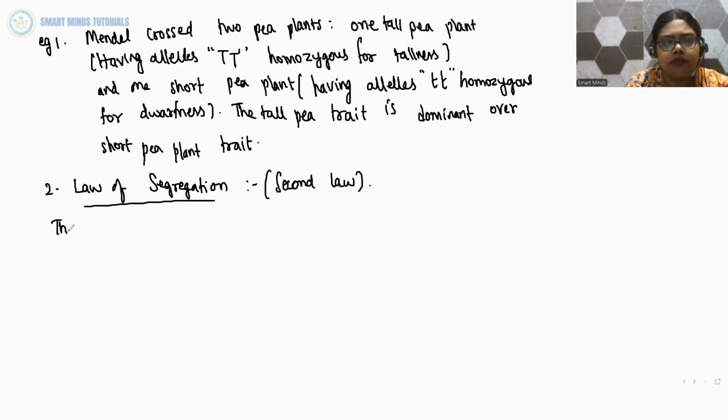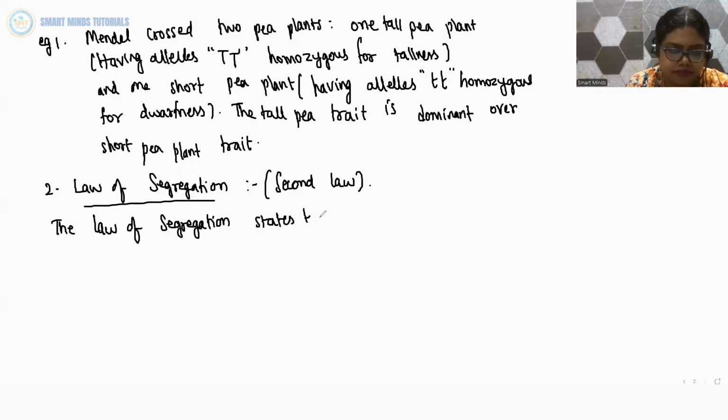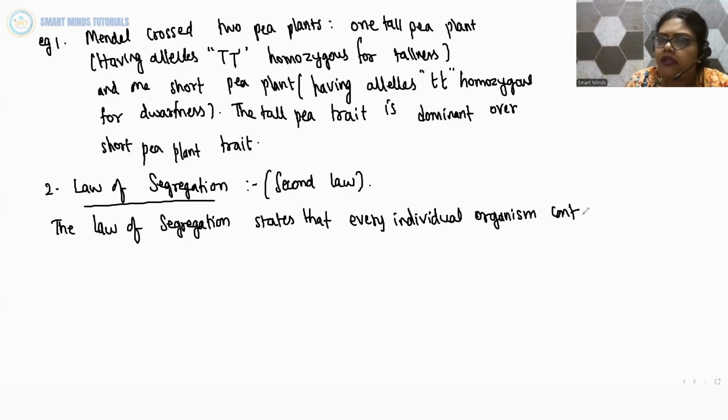So let us write the statement. The law of segregation states that every individual organism contains two alleles.